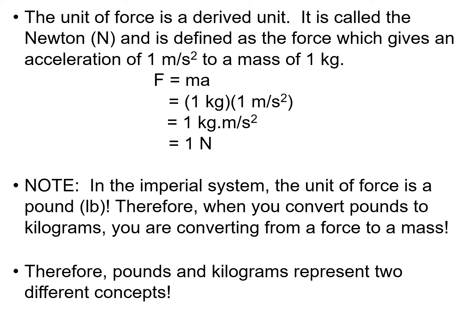So 1 kilogram is just the mass. If we apply the acceleration of 1 meter per second squared, we get 1 Newton. So remember that. A kilogram is a mass, and a pound is a force. Just keep that in mind when you have to convert your units. Pounds and kilograms represent two very different concepts.